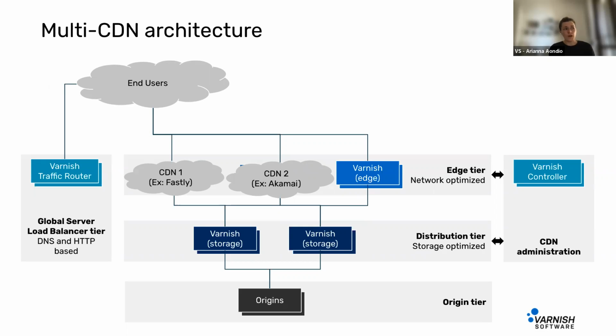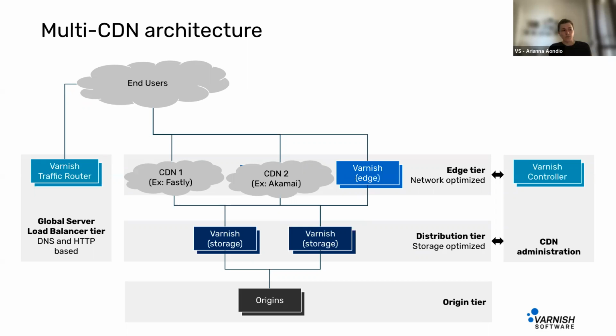So here we have to fine tune the discussion, and today that's really the bulk of the conversation we're going to have. And in a multi-CDN setup, we typically refer to a multi-CDN setup when we have different CDN providers.